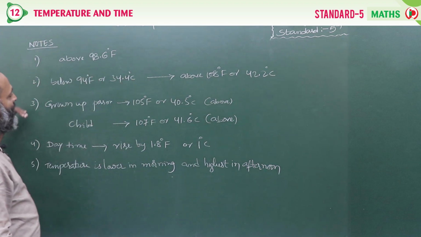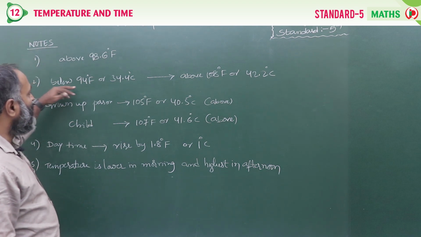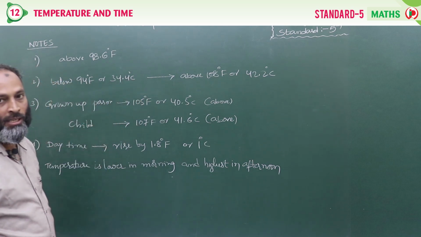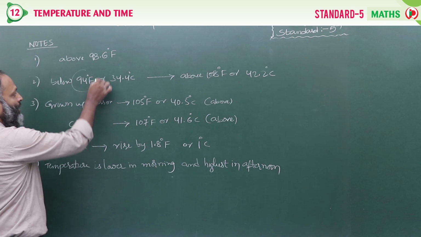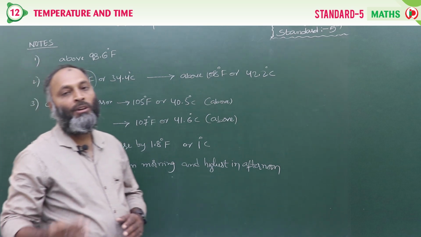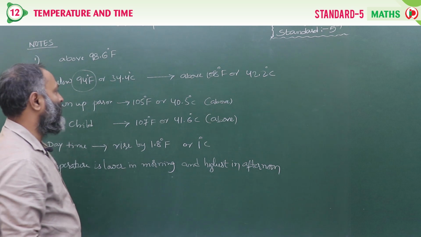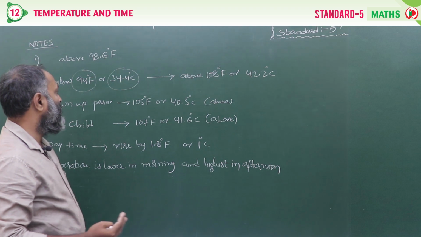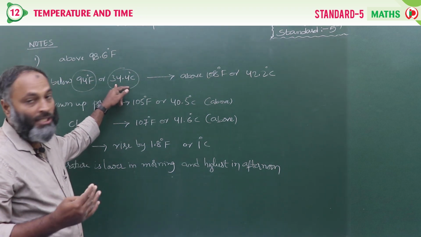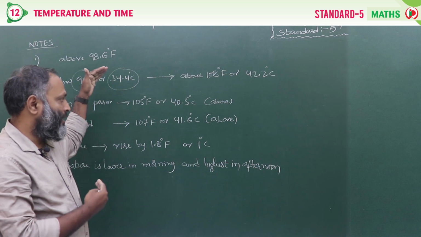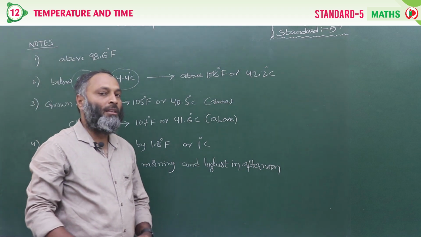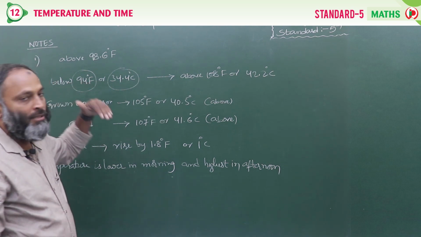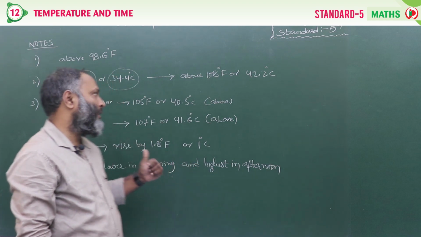The second point: the temperature should not go below 94 degrees Fahrenheit, or 34.4 degrees Celsius. We are discussing human body temperature only, not other animals or creatures.